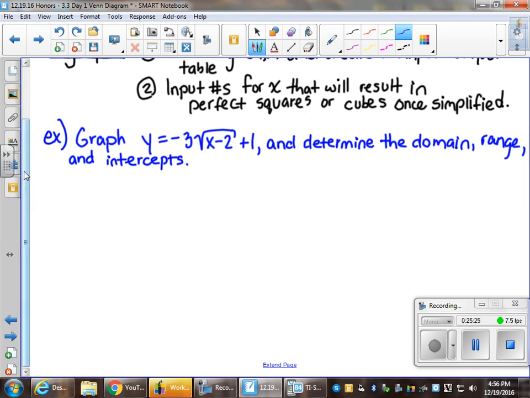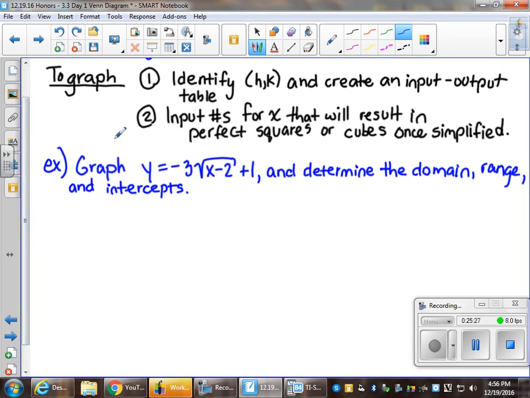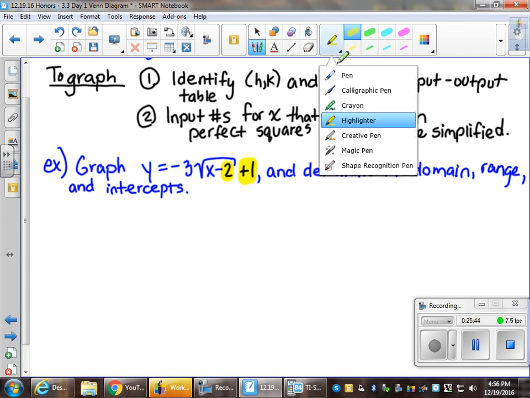So let's follow our steps. The first step says identify h comma k. It's nice that there's similarity with quadratics, where x minus h was in parentheses. Now x minus h is underneath the radical. And then plus 1 is my k value.